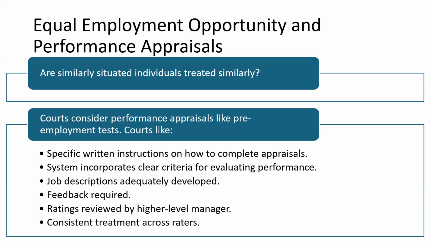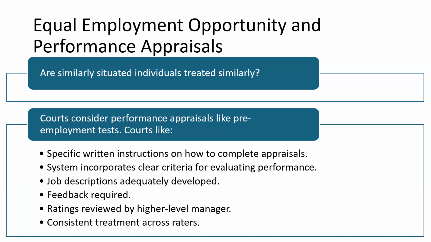You want job descriptions that are adequately developed so that employees know what the tasks are that are part of their jobs, and then what will be the criteria for evaluating their performance on those tasks. You want feedback to be required as part of the performance system. You want ratings that are reviewed by a higher level manager, and you want consistent treatment across raters.